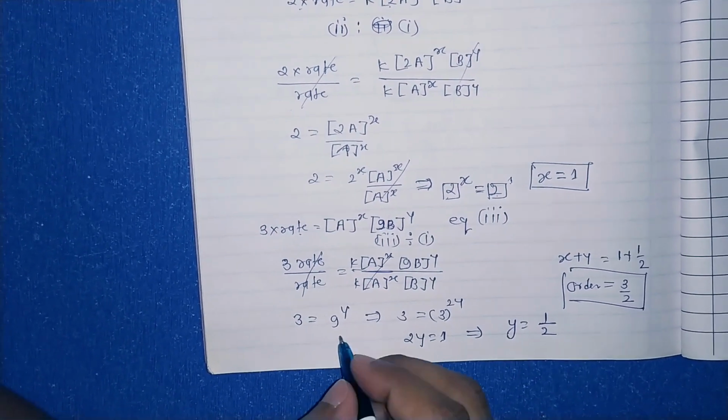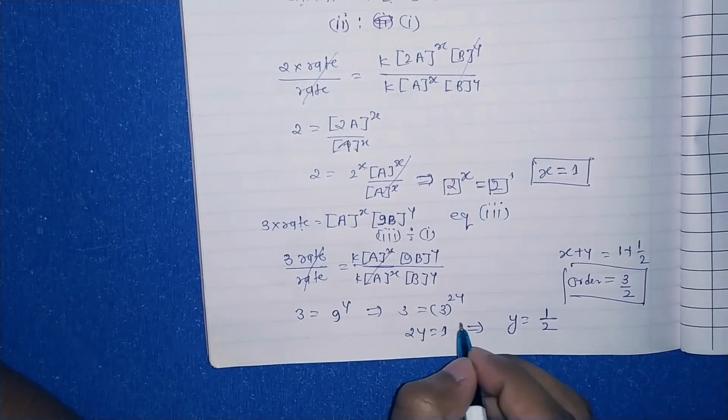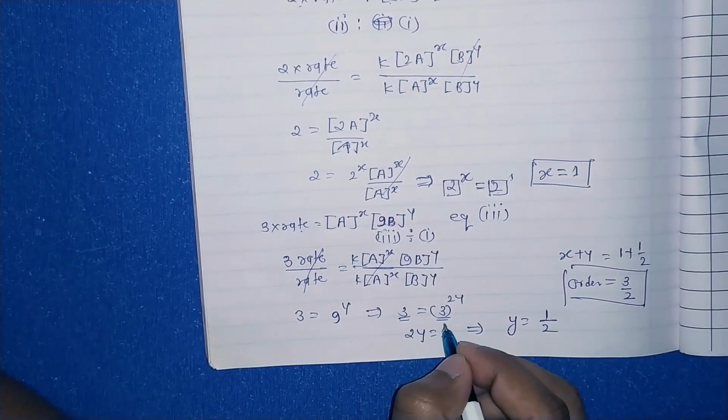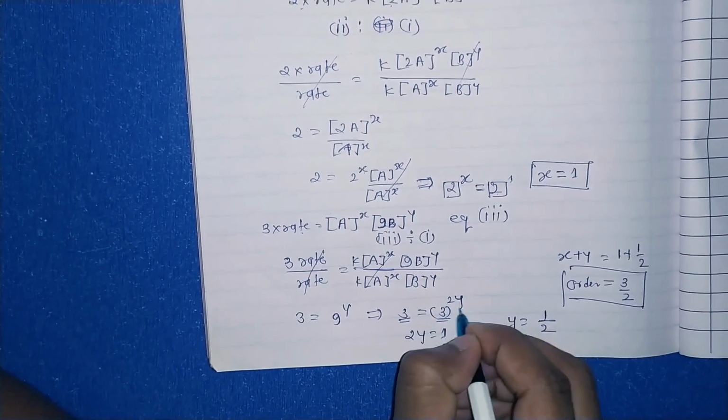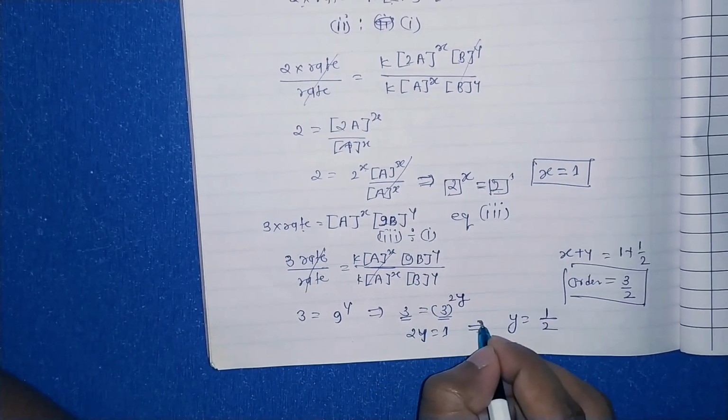Now 9 is 3 squared, so 3 to the power 2Y equals 3 to the power 1. Here the bases are the same, so you can compare the indices. So 2Y equals 1, and Y will be 1/2.